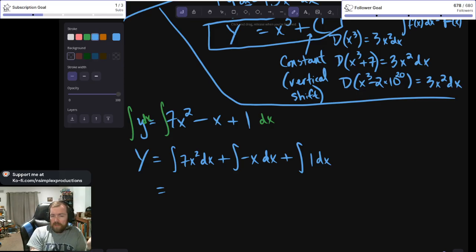Okay. The integral of 7x squared dx, if we do antiderivative, what we need here is actually not the 7 itself, but rather we need, like we saw up above, a factor of 3 that's sitting in front of the x squared. And when we talk derivatives, it doesn't really matter what it's multiplied by.